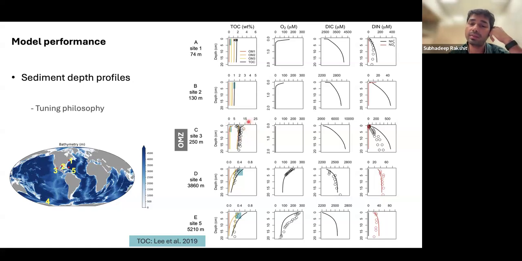But our model could predict this pretty well. You can similarly see for the other pore water profiles, the trends are generally pretty fine whenever you have observations present.